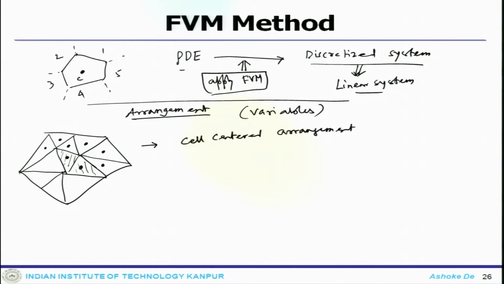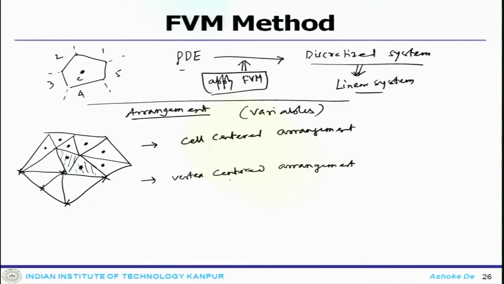Now, one may wish to store at these points, at the vertex points. So, if you wish to store at the vertex point, this would be vertex centered arrangement. Okay. So, there are two different approaches one can adopt. One is the cell center arrangement, another is the vertex center arrangement.